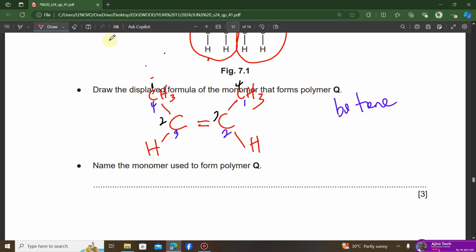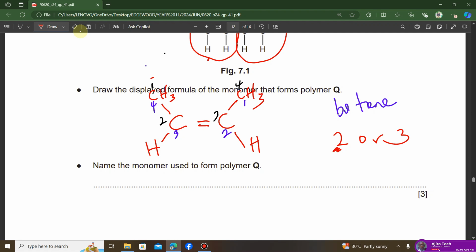All right, so the next thing is to identify the position of the double bond. Now, when you're naming, remember that you give priority to the lowest number. So we're looking at 2 likely numbers, either 2 or 3, just by looking at the double bond position. But the priority is to give preference to the lowest number.